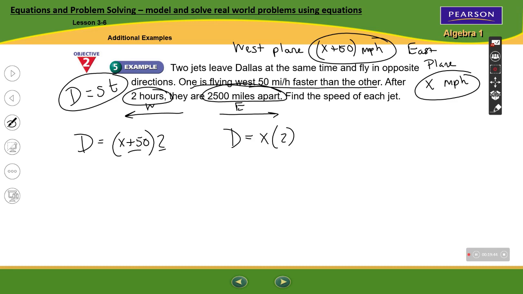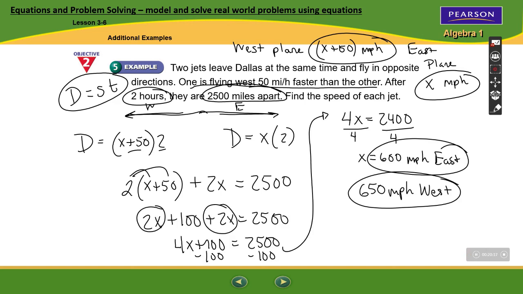Like if they both start here, one goes this way and one goes that way, and their total distance apart is 2,500 miles, then we know that the two total distances of each plane add up to 2,500 miles. So let's write that equation. We've got 2(x plus 50), that's our westward bound plane, plus 2x, that's our eastward bound plane, equals 2,500 miles. So I'm going to pause it here, solve that out, and then we'll get back together.